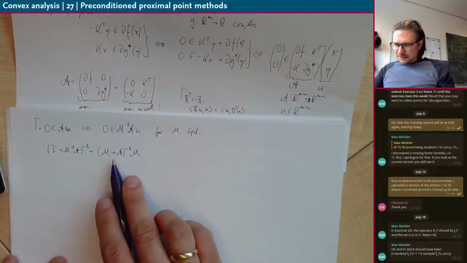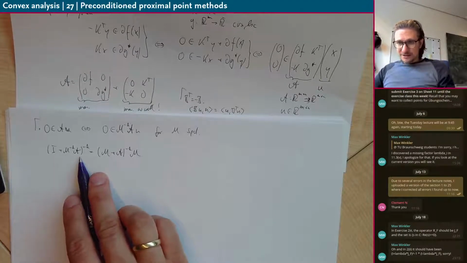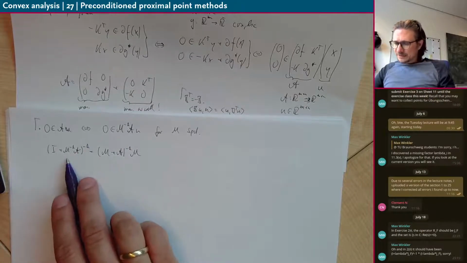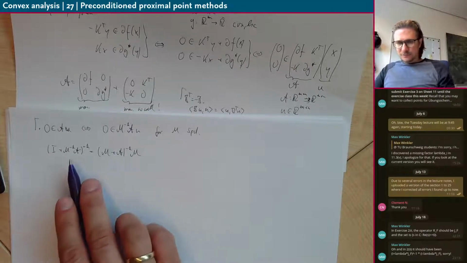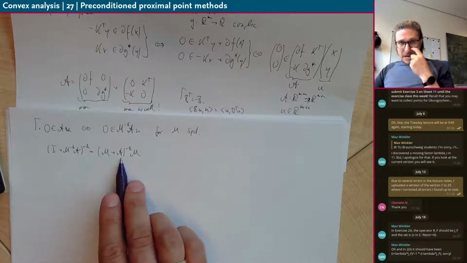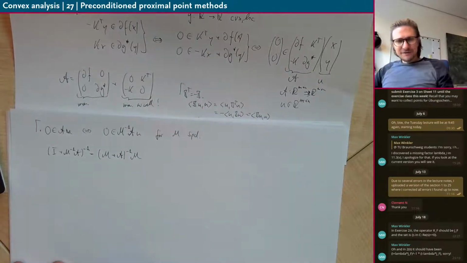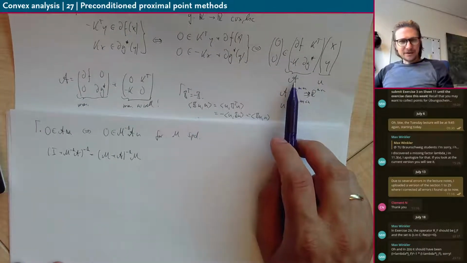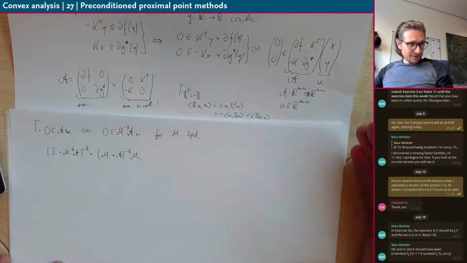To apply this, even though M to the minus 1 A is in general not monotone, you don't need to invert M, you only need to invert M plus A. So we can try to cleverly choose an M which we add to the A, which makes M plus A simply invertible.